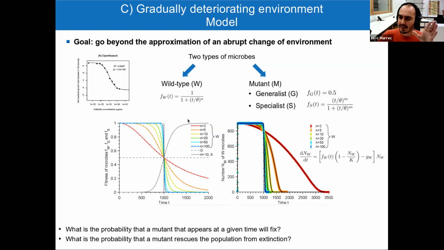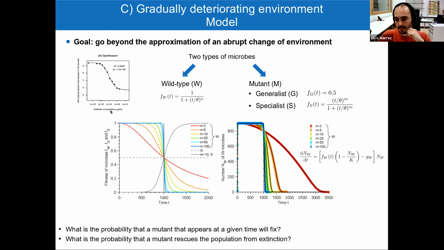You just need to define an inflection point, which is basically the time at which the division rate is equal to 0.5, and what we call a Hill coefficient that defines how abrupt the curve is. For instance here, if n is very large, then you have a very abrupt change of environment.